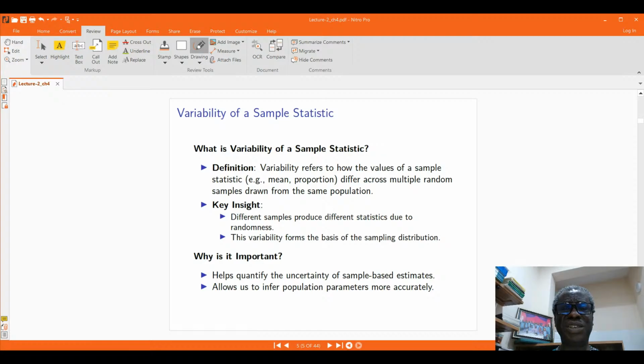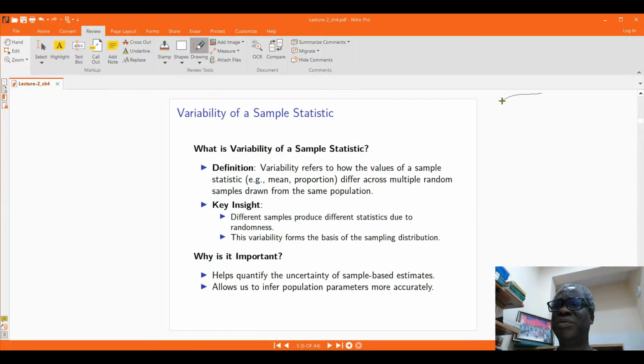So the question is, by definition, what is variability of a sample statistic? It simply refers to how the values of a sample statistic, which could be mean, proportion, variance, or standard deviation, vary. But our main concern for now will be the mean and the proportion.